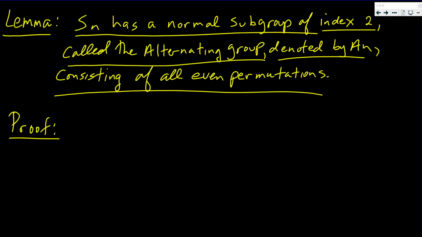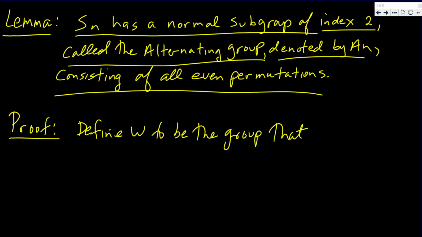It's a standard proof. So we're going to define W to be the group that just contains 1 and negative 1.